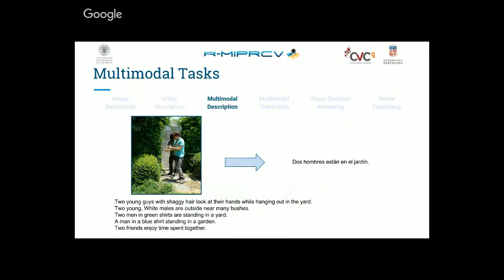Then there's also the multimodal description, in which we've got two kinds of input data, the image and a set of associated descriptions, which are sometimes complementary or sometimes different but describe the same image. And we have to generate a different sentence in a different language.